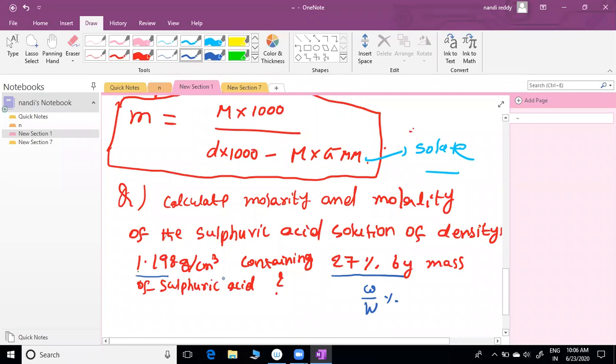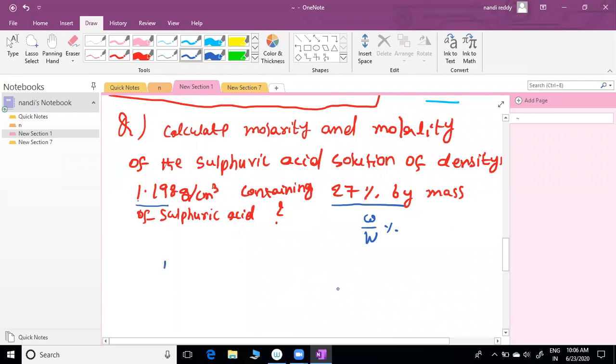Is the molarity formula already given? 27 into 10 into 1.198 divided by 98. By solving this you will get molarity, capital M.